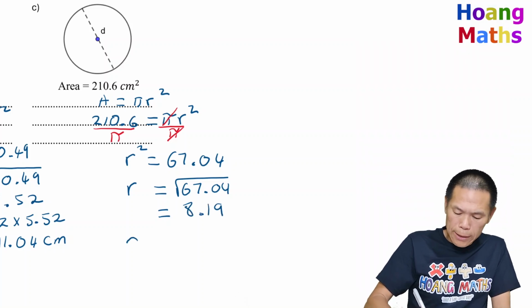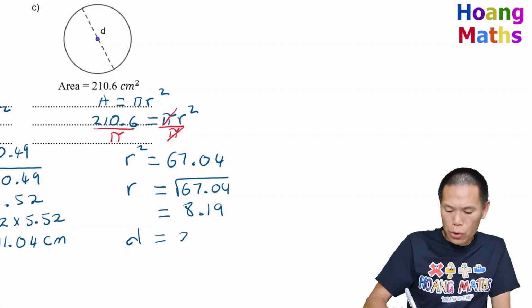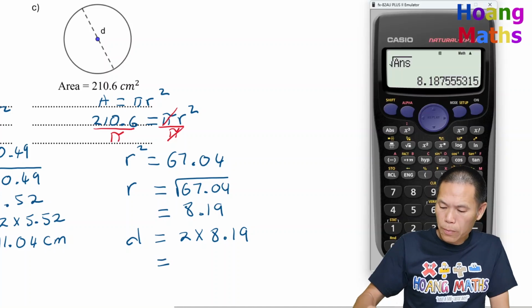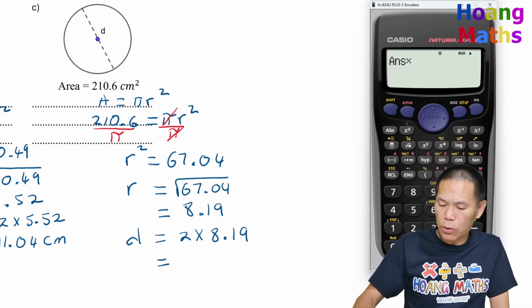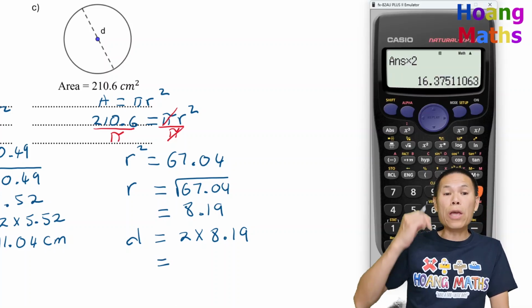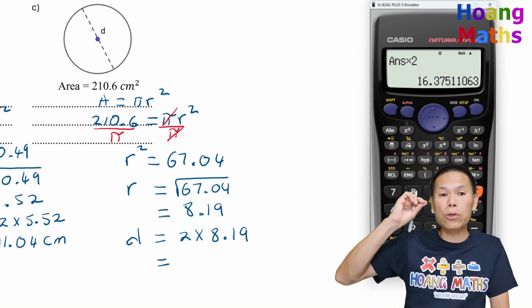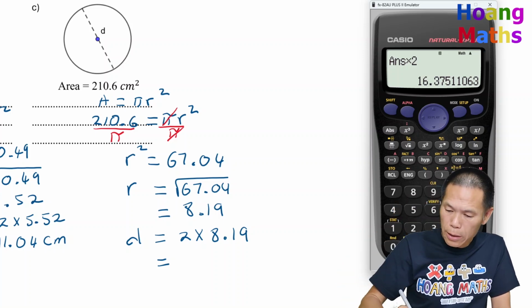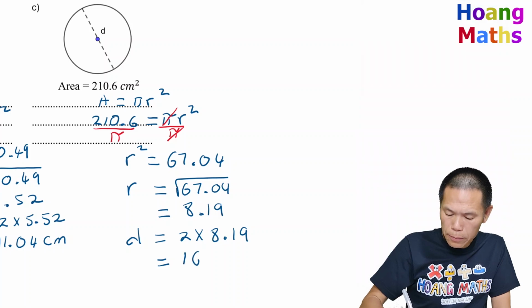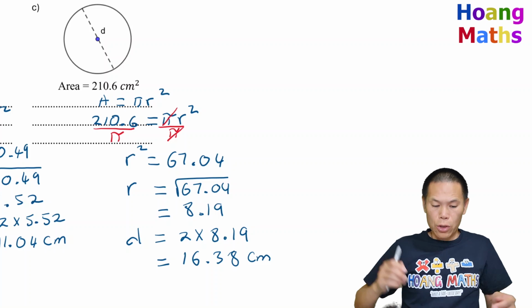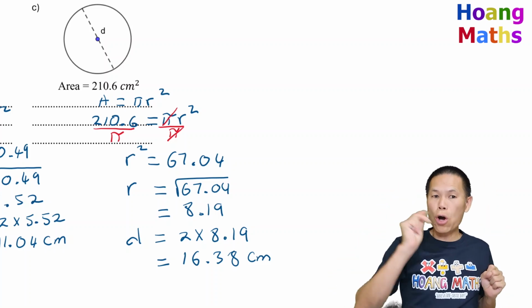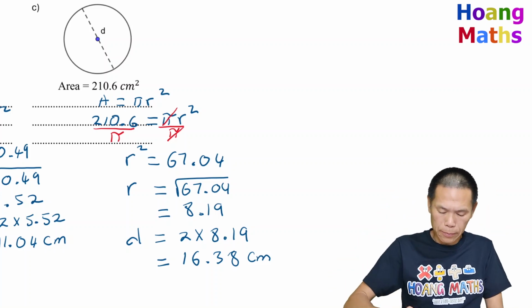So therefore, diameter equals 2 times the radius, or the radius times 2. That will give me answer times 2. So there you go, 16.38, correct to 2 decimal places. So 16.38 centimeters. So there you go, and I hope you got it correct.